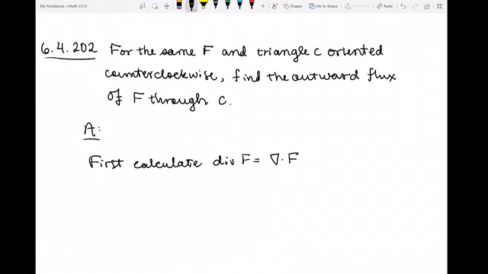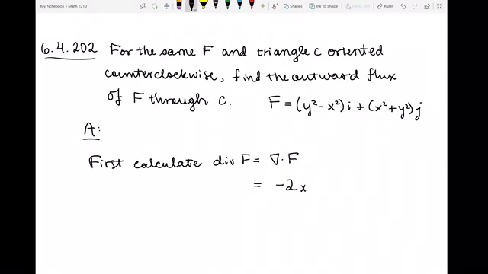And that is going to be equal to, let's see, remember F, I'm just going to write it down here so you can follow along with me in case you've forgotten, was y squared minus x squared i plus x squared y squared j. So for the divergence, I take the derivative of the first component with respect to x, the derivative of the second component with respect to y, and I get minus 2x plus 2y. Okay.